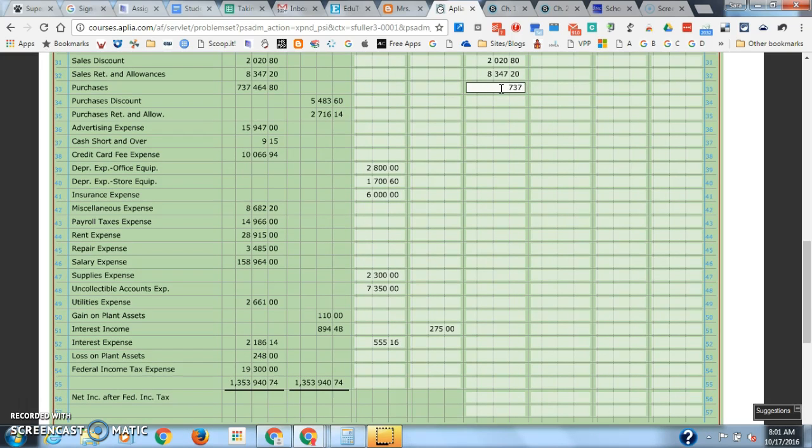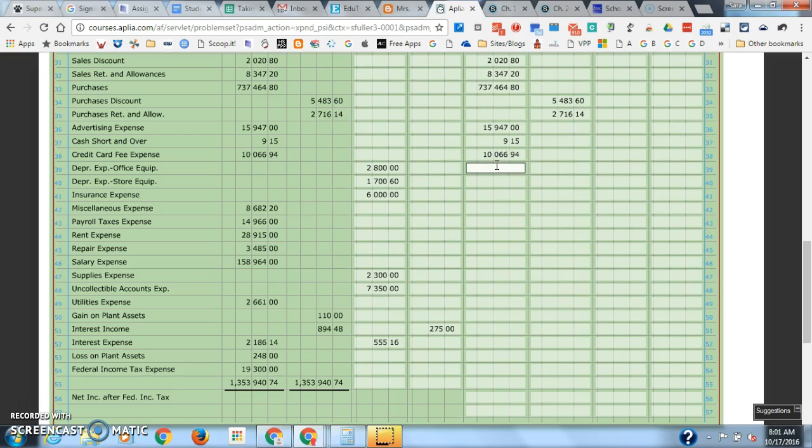Purchases, $737,464.80. Purchase discount is a credit, $5,183.60. Returns and allowance, $2,716.14. Advertising is a debit, $15,947. Cash short and over is a debit, $9.15. Credit card fee, $10,066.94.